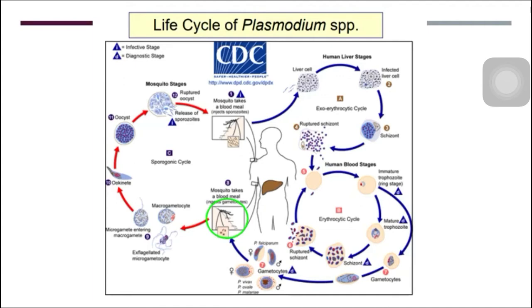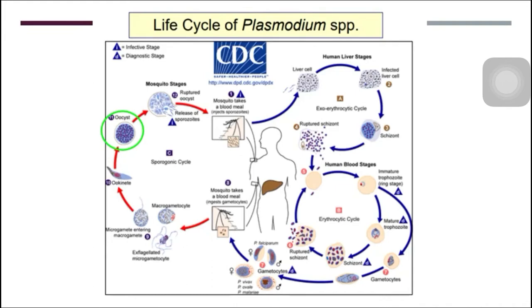The parasite's multiplication in the mosquito is known as the sporogonic cycle. While in the mosquito stomach, the microgametes penetrate the macrogametes, generating zygotes. These zygotes in turn become motile and elongated ookinetes, which invade the midgut wall of the mosquito, where they develop into oocysts.